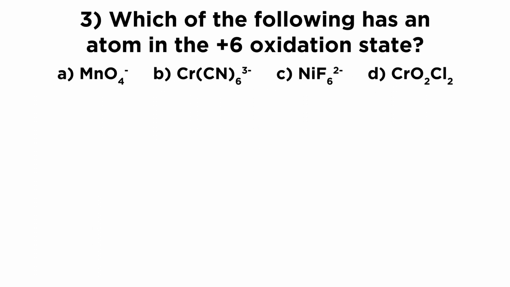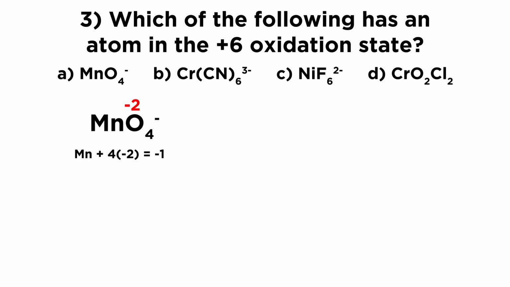And for the last one, we want to find the compound that has an atom, any atom, in the +6 oxidation state. So first let's look at the permanganate ion. We have MnO4-, and we know that oxygen is going to be -2.